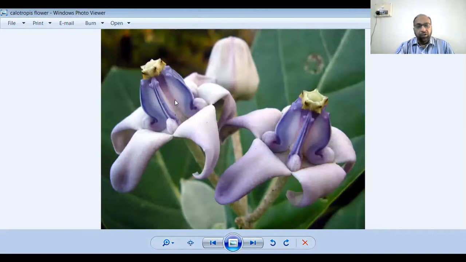This condition is called gynostegium. Then we'll find that they are basically attached to the petals also, so epipetalous condition you will find over here.